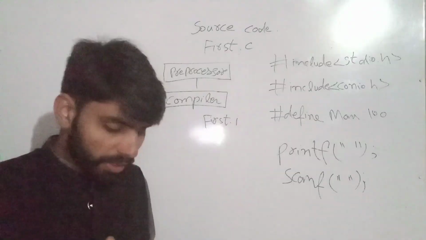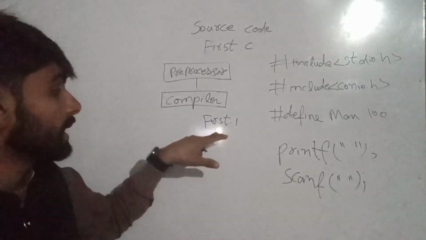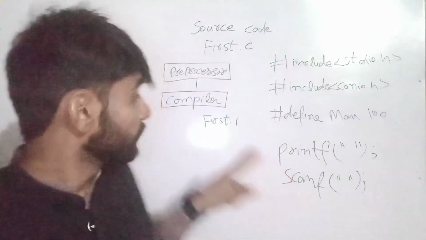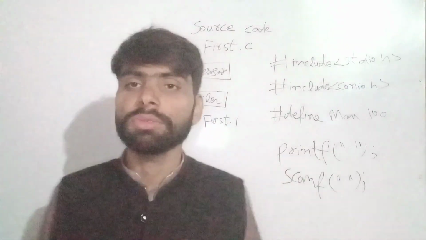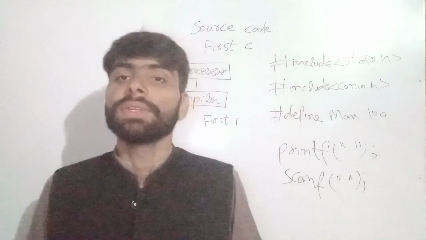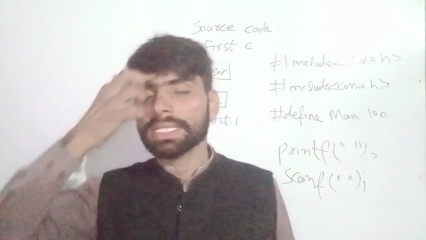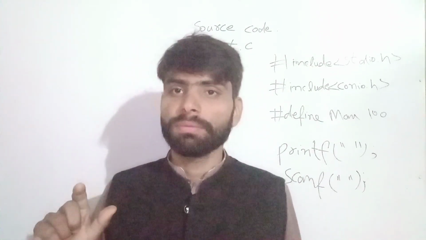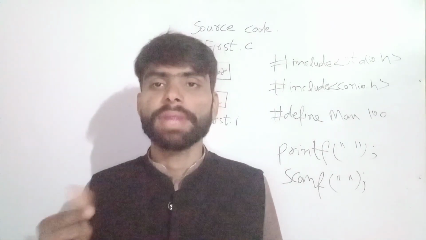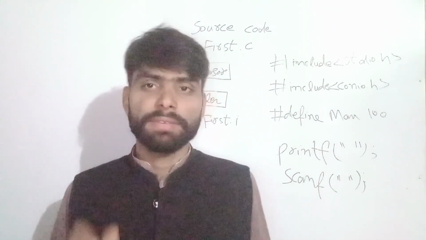What is the meaning of intermediate? Intermediate means that your program has been translated into assembly level language. Everyone knows about assembly level language. In assembly level language we use mnemonics like sub, add, English-like words.